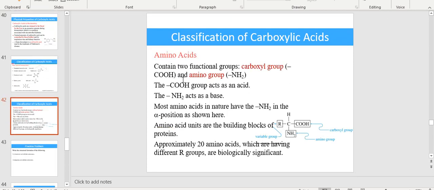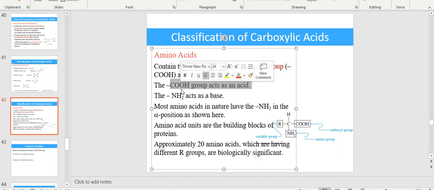As we just said, the amino acids have the carboxyl group as well as the amino group. You'll know that ammonia can take on an extra hydrogen and become ammonium, can become a base. So the carboxylic acid acts as an acid, and this guy acts as a base. Amino acid units are the building blocks of proteins, as we all know, and there are approximately 20 amino acids which have different R groups.